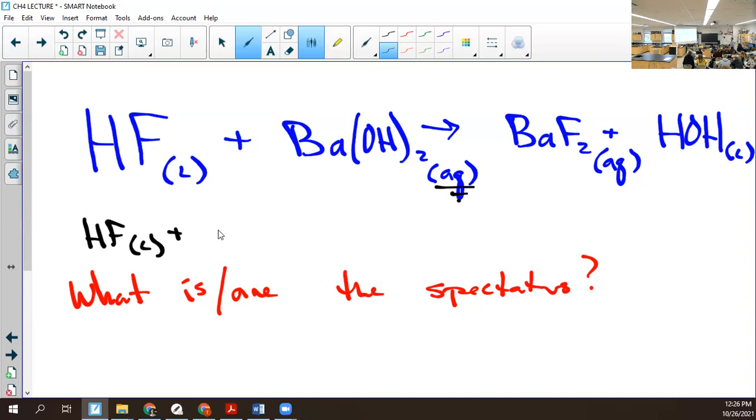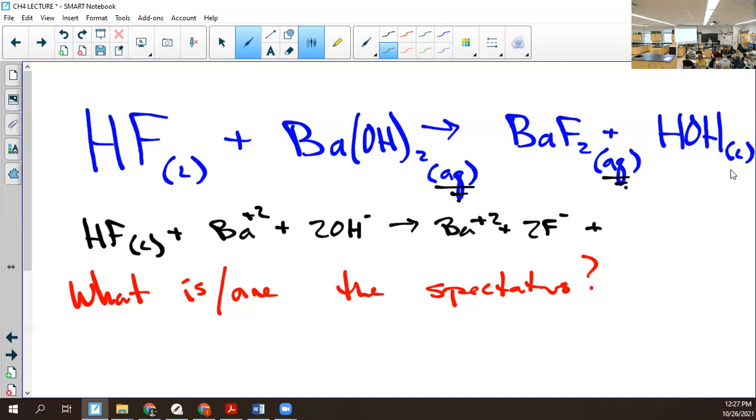I'm going to break it up, right? Ba plus 2 OH minus. All right, so that's the reactants. Over here, it's aqueous. So do I keep it together or break it apart? Break it apart. AQ means chop it in half. So I have Ba plus 2F minus plus, if it's a liquid, what do?